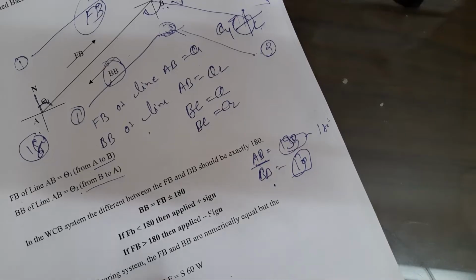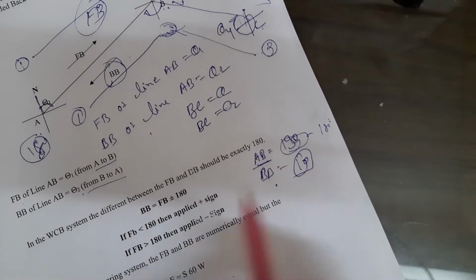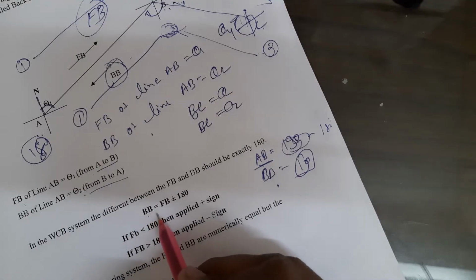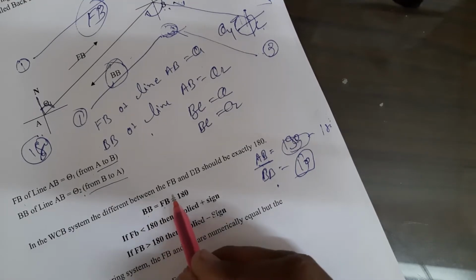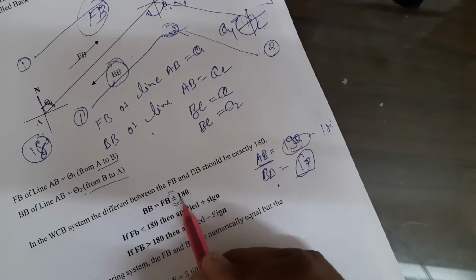Understood? Here is the equation used to find back bearing from forebearing: back bearing is equal to forebearing plus or minus 180 degrees. There is a plus or minus, both sides.